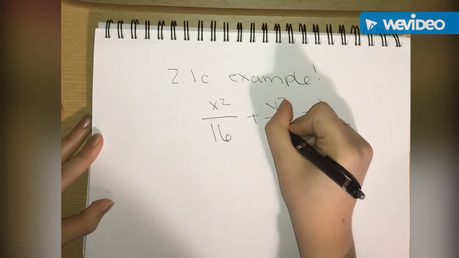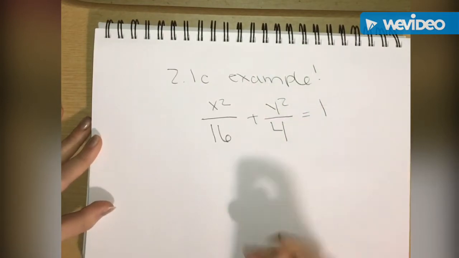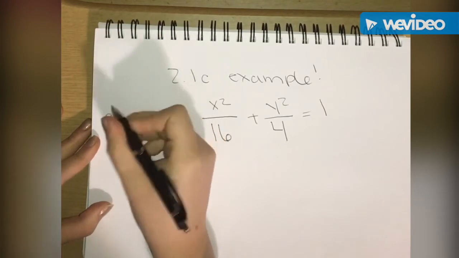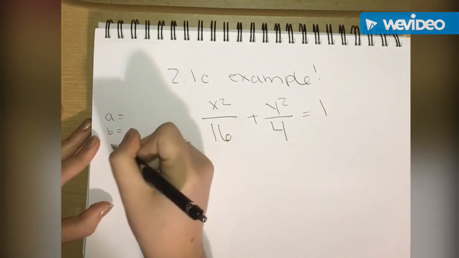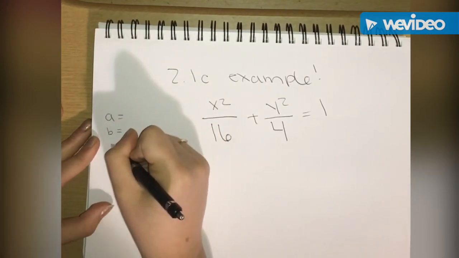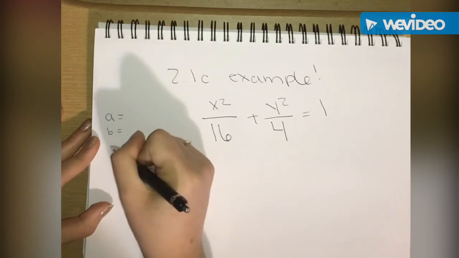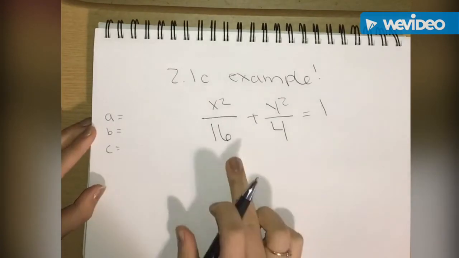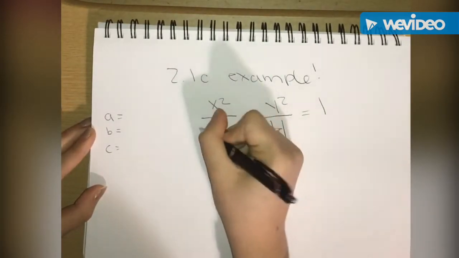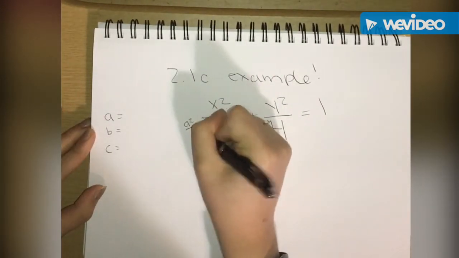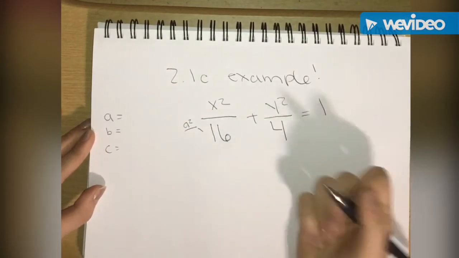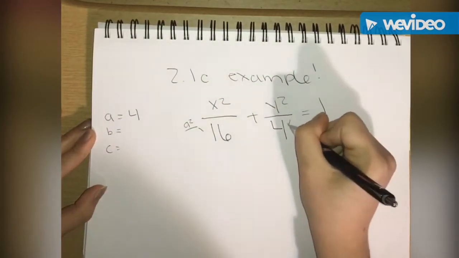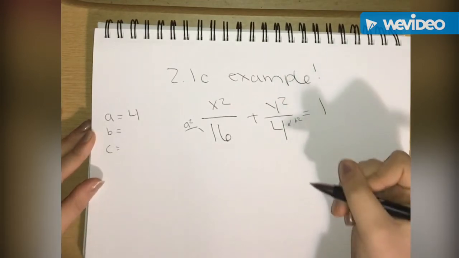These are squared. Our a will equal the square root of a squared, so we square root 16, which is 4, and our b is the square root of 4, which is 2.